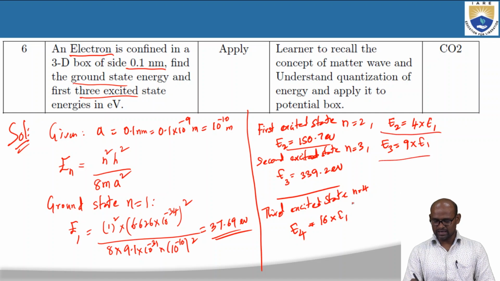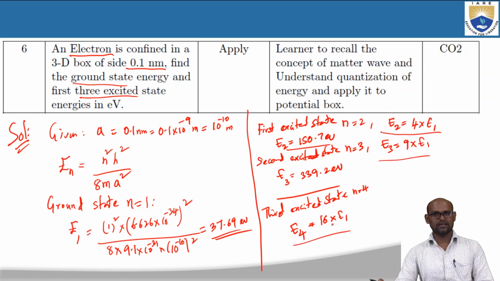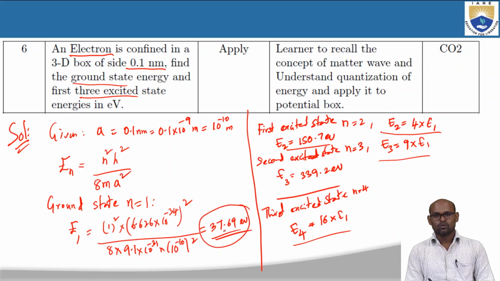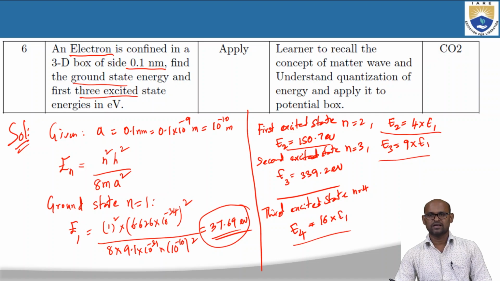If we calculate the ground state energy correctly, first, once you calculate the energy in joules, divide this energy by 1.6 into 10 power minus 19 so that you get it in electron volts. Once you calculate the ground state energy correctly, then we can calculate other excited state energies just by multiplying by n square. First excited state, n square is 2 square. Second excited state, n is equal to 3, so 3 square is 9, and so on.